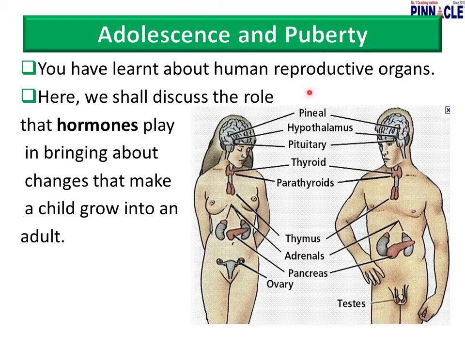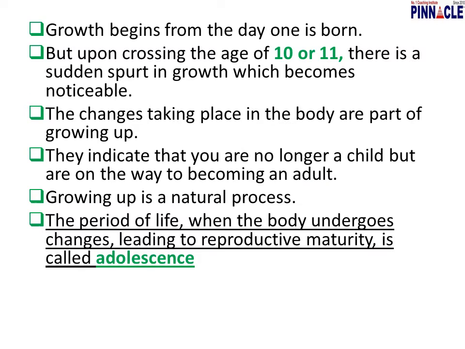So these are the various parts, or you can say endocrine glands, which are present in males and females, and these are important for adolescence and puberty. Growth begins from the day one is born.